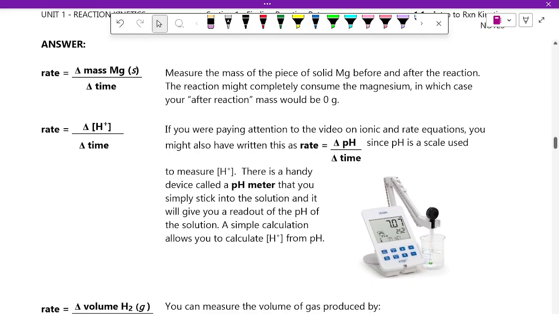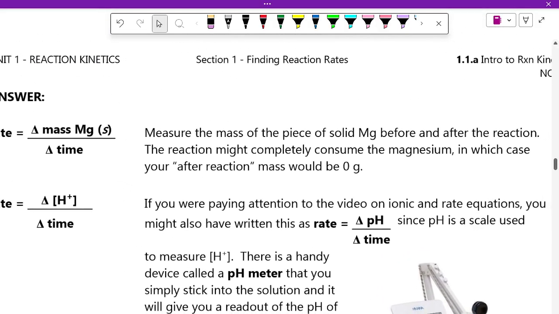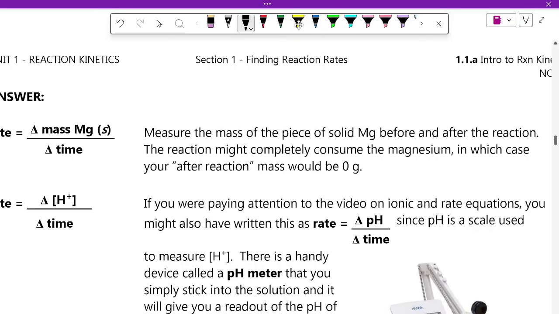All right. So it gives you all the answers here. Let's just take a look at a few little details in here. You might measure the time to completely consume the magnesium. And do you guys know how to find change in?